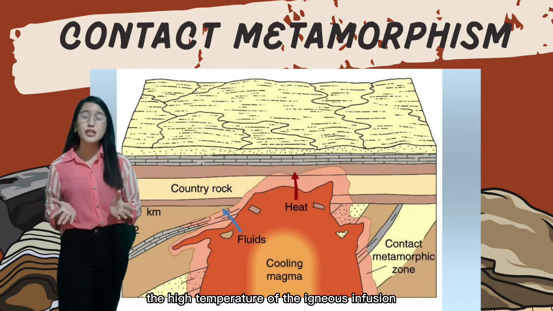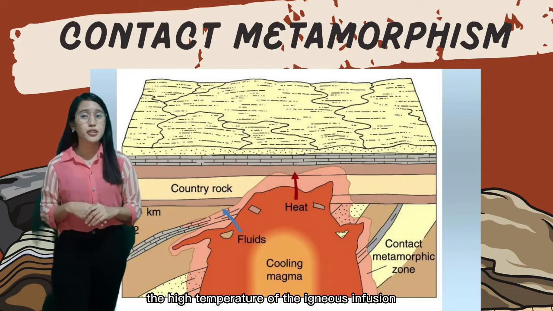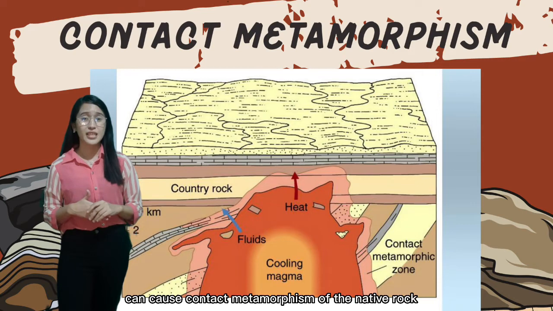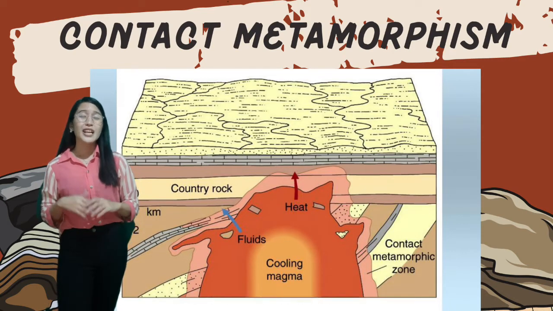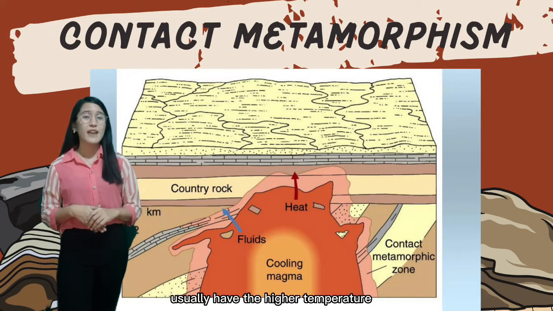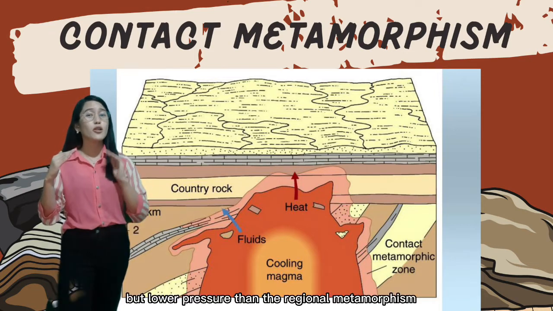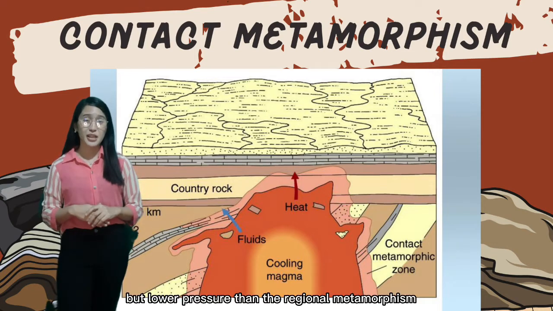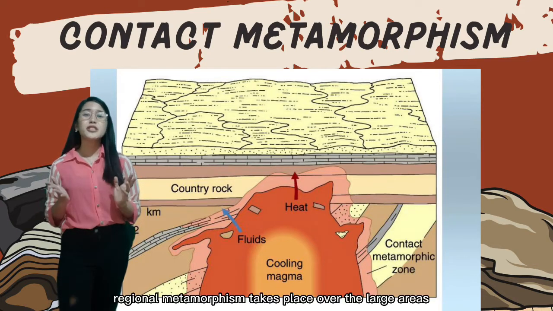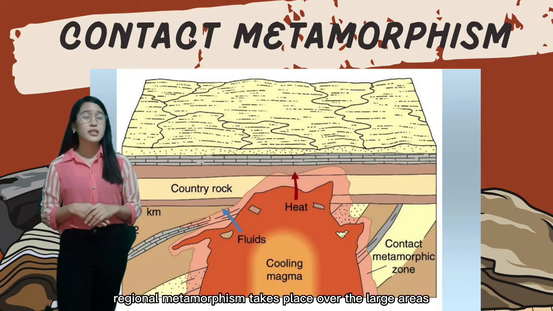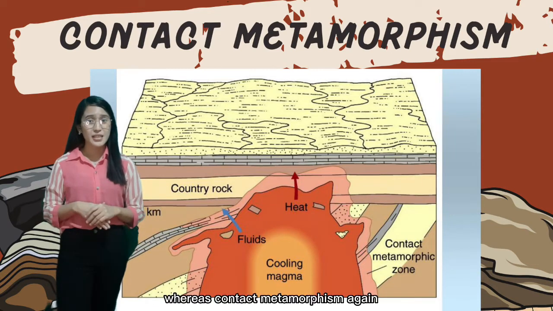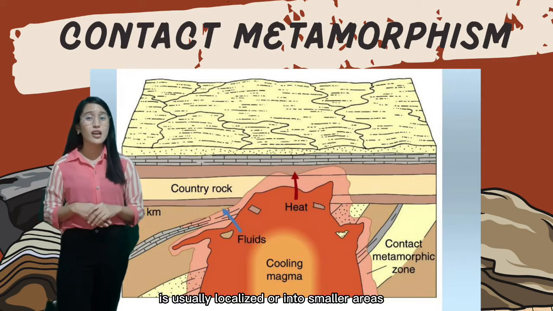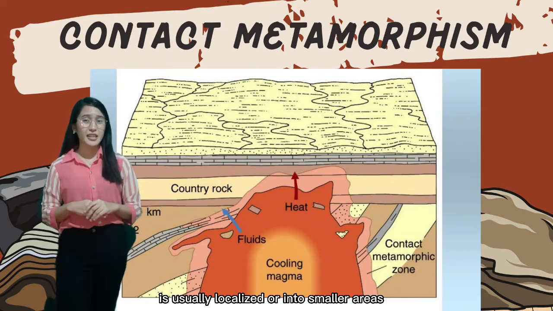The high temperature of the igneous intrusion can cause contact metamorphism of the native rock near the edge of the intrusion. Contact metamorphism usually has higher temperature but lower pressure than regional metamorphism. Regional metamorphism takes place over large areas, whereas contact metamorphism is usually localized to smaller areas.